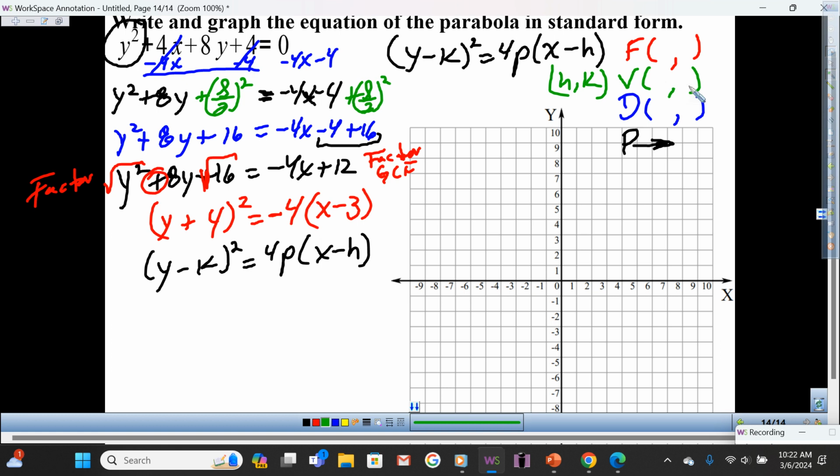So tell your neighbor, what values do I write for the vertex according to our equation? What do we write for the vertex? What is our H? Close.